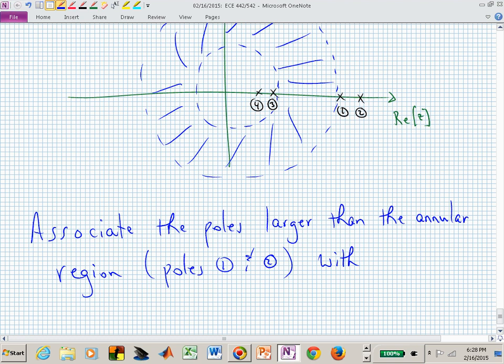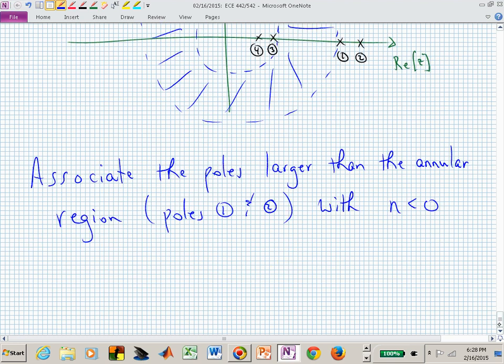Left. Negative n's, doesn't it? So this is with n less than 0. Another way of saying that is you now have region of convergence interior to poles 1 and 2.